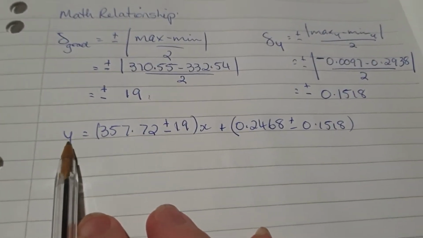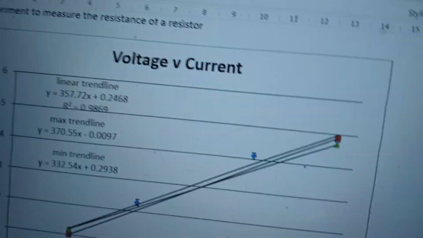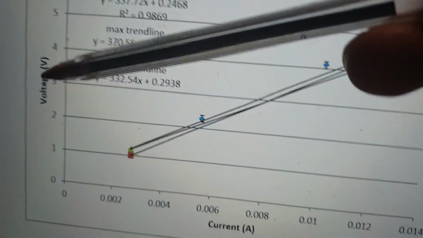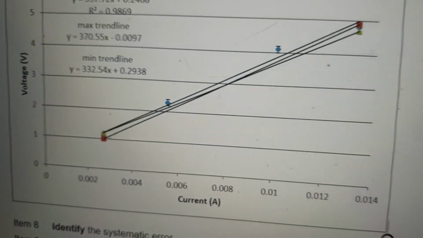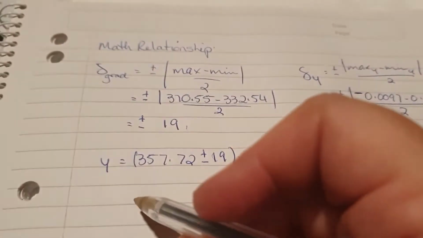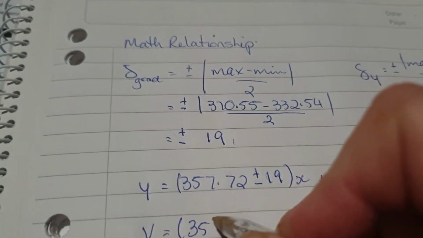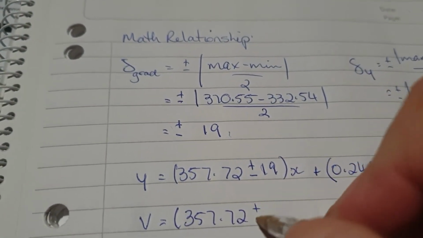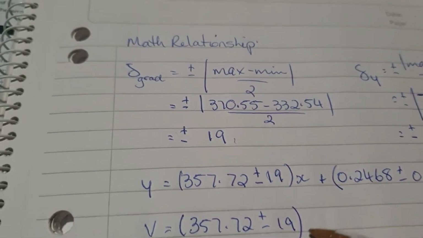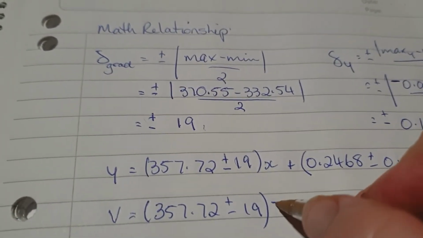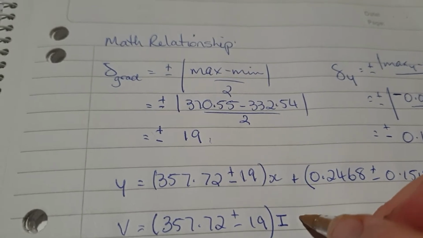Then we go back to our graph and ask what y represents and what x represents. y represents voltage and x represents current. So we've got voltage equals 357.72 plus or minus 19, times x, where x is current, which is a capital I.